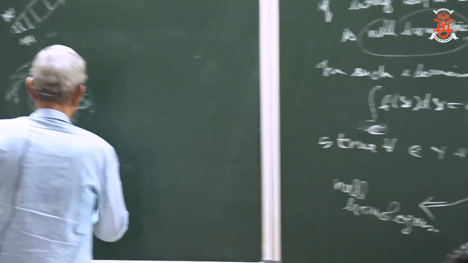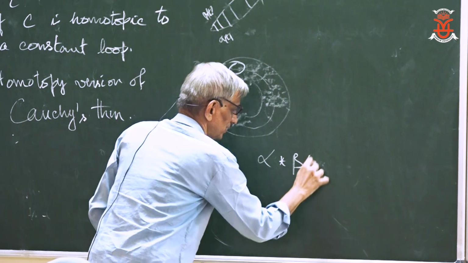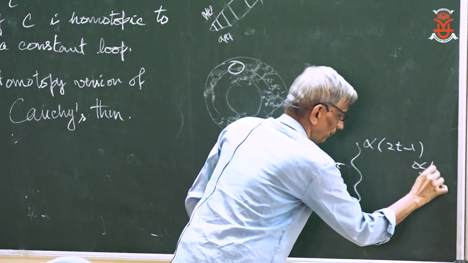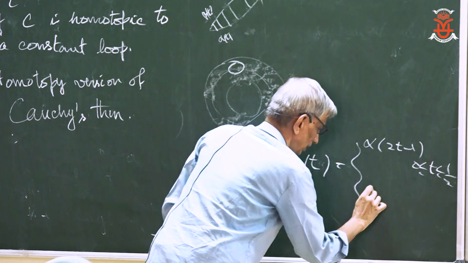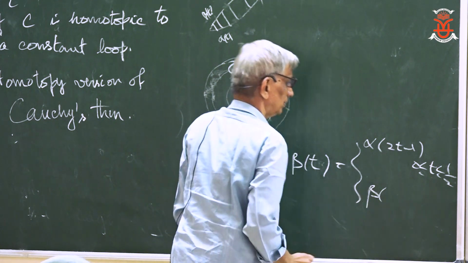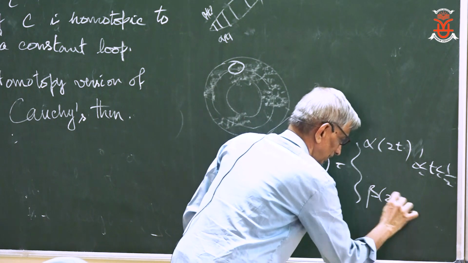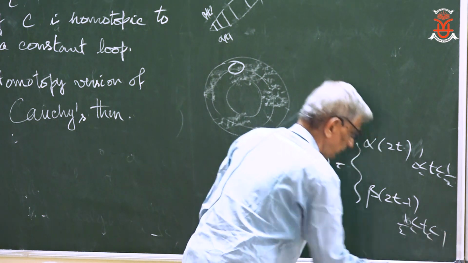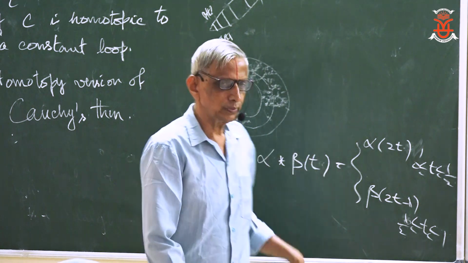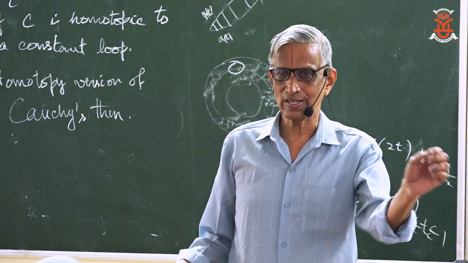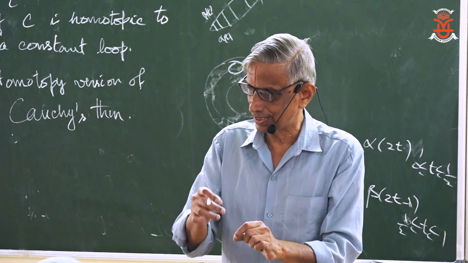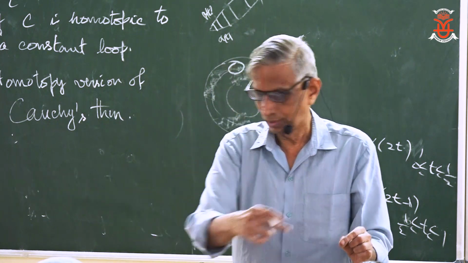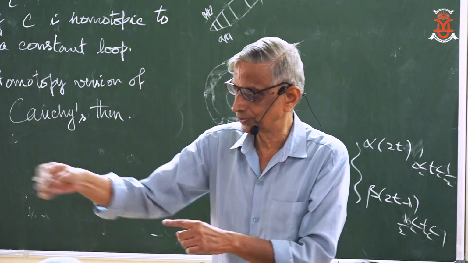You can define alpha star beta of t, and you can check that, more generally, if alpha starts from z0 and ends at z1 and beta starts at z1 and ends at z2, then alpha star beta will start at z0 and end at z2: z0 to z1 via alpha and z1 to z2 via beta.